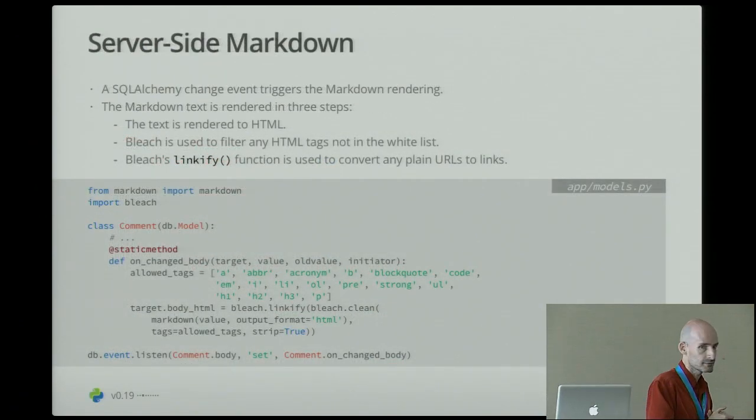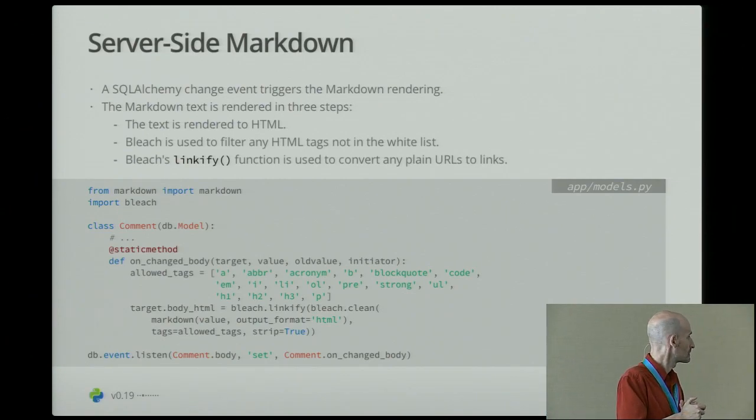Okay, server side. I need to generate that body HTML, right? And I don't want to have to manually go each time the comment is created to do it. So one nice way provided by SQLAlchemy to do this is to use events. You can tell SQLAlchemy to call a function that you provide when an event occurs.